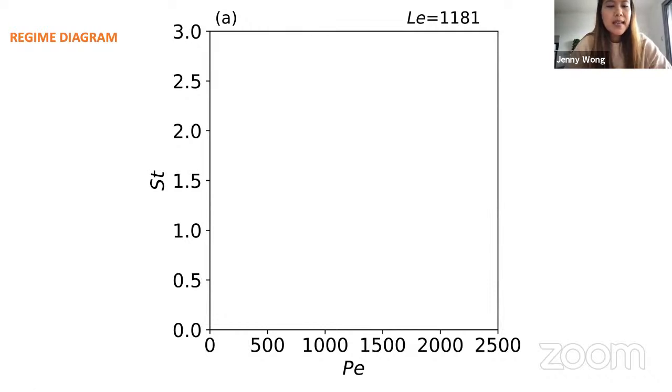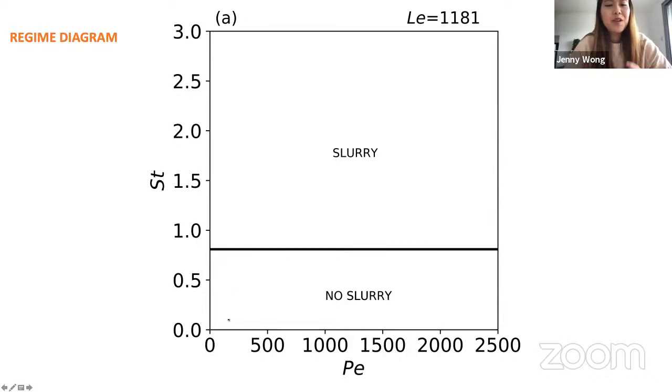What you'll find is that as you increase the Stefan number, you'll go from no slurry to slurry. This is because the Stefan number measures the ratio between the heat flows out of the top of the layer and the bottom of the layer. So if you have more heat flow coming out of the top than what's coming in at the bottom, then you're not going to have a slurry. So that's this interesting result here.